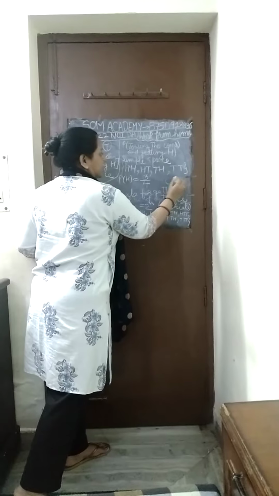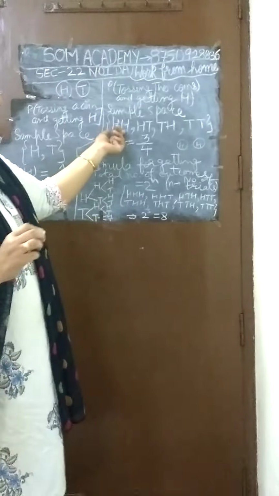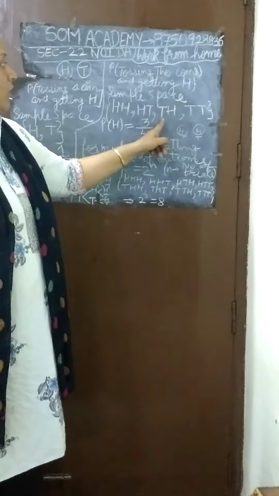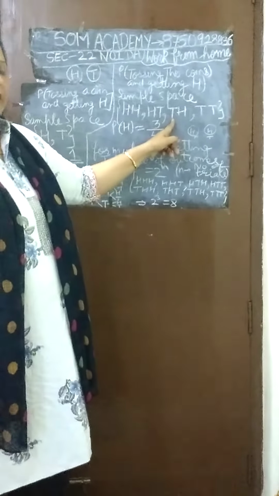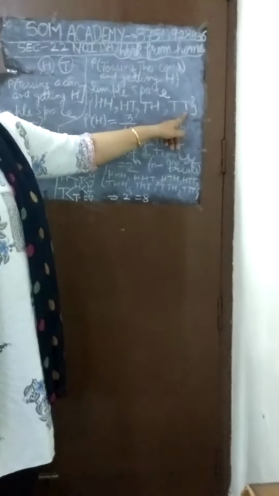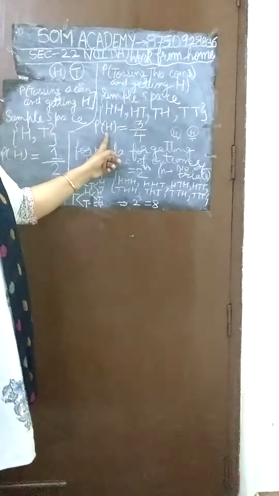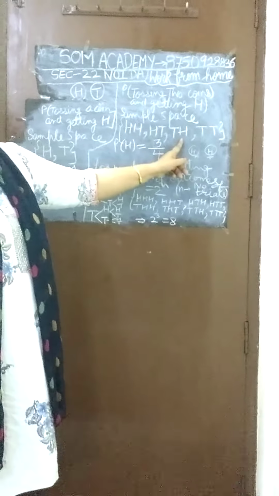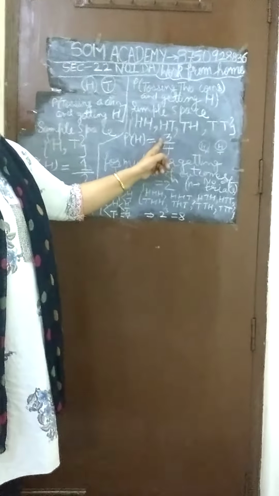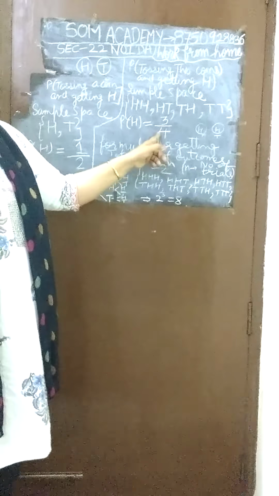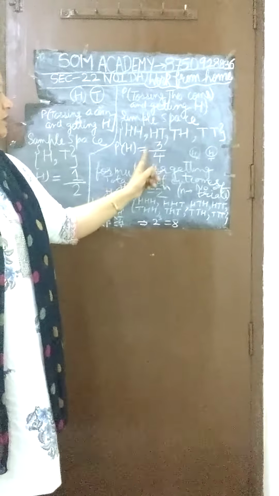You have your 2 coins, first coin, second coin, you can get head, or you can get head on the first coin and tail on the second coin, or you can get tail on the first coin and head on the second coin, or you can have tail on first and tail on second coin. So for probability of head, how many favorable events do you have? 1, 2, 3. You have head here, but this is not favorable. So favorable number of outcomes are only 3 and total number of outcomes becomes 4. So probability of getting head while tossing 2 coins is 3 by 4.